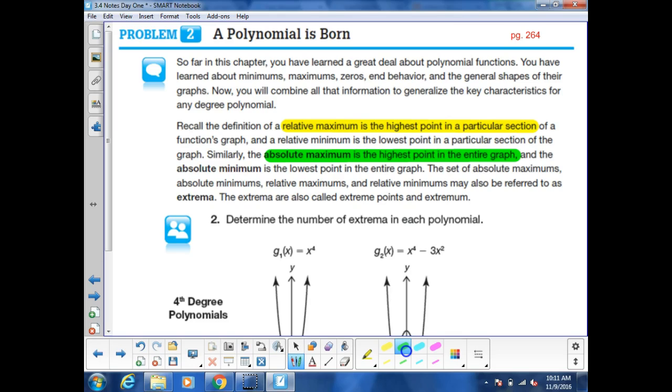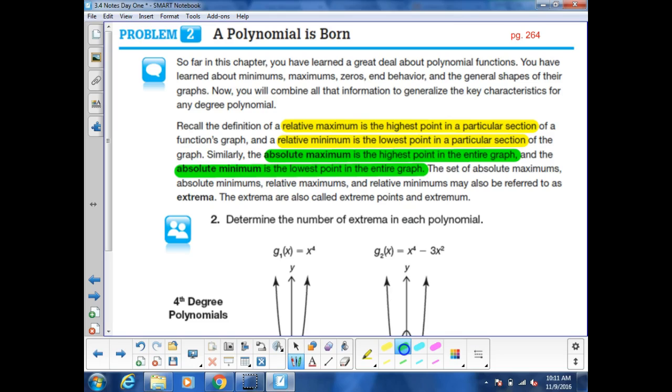Okay. Minimums. We can do minimums also. A relative minimum is the lowest point in a particular section. An absolute minimum is the lowest point over the entire graph.